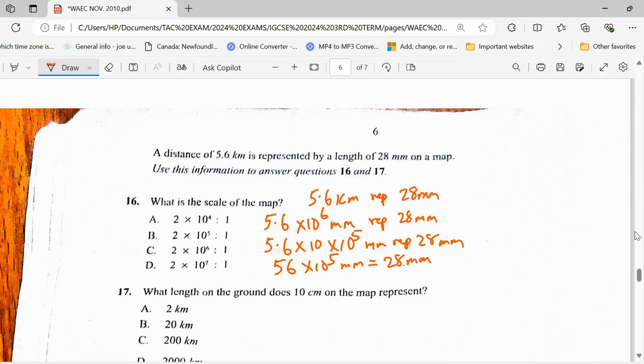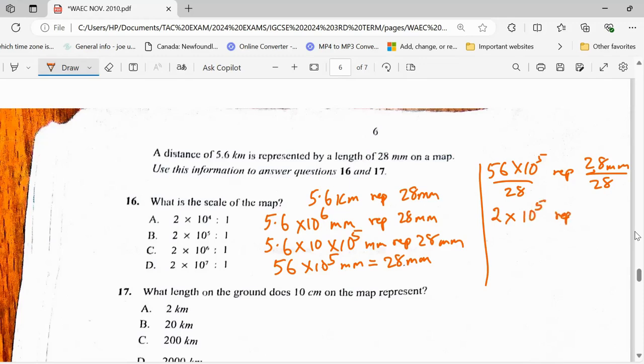Now, I want to get 1 here. So I'm going to divide both sides by 28. 56 times 10 raised to power 5 over 28 will represent, this side too is 28 mm over 28. Okay, beautiful. Now, let's look at 56. This is 2. So I have 2 times 10 raised to power 5.